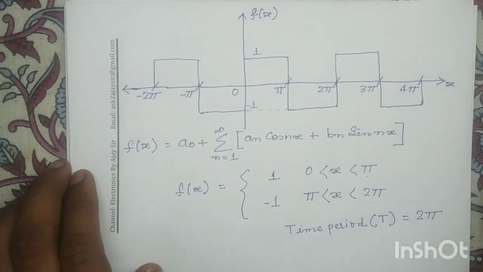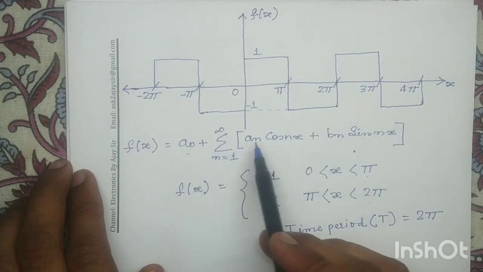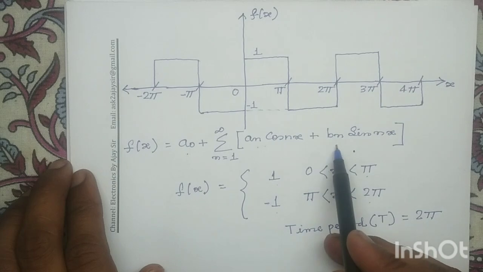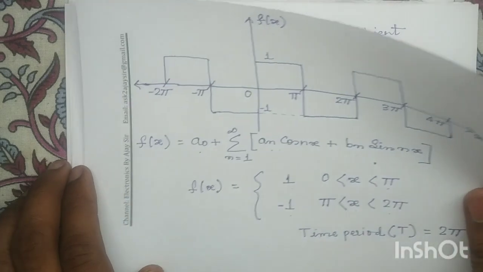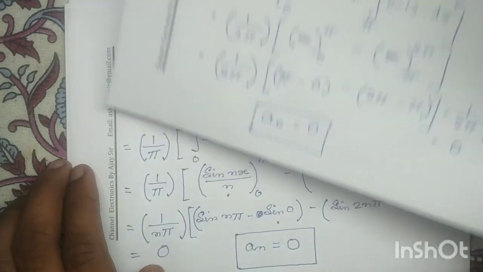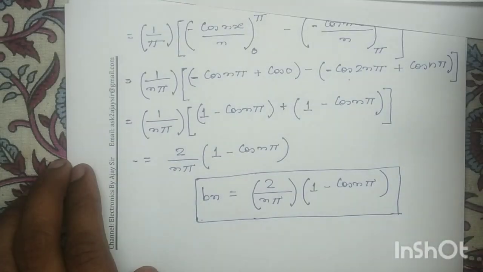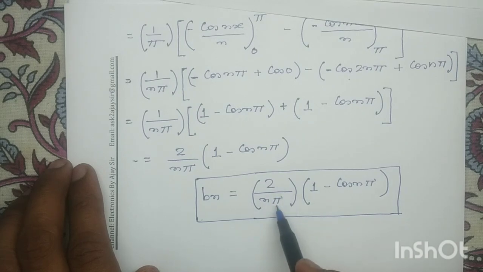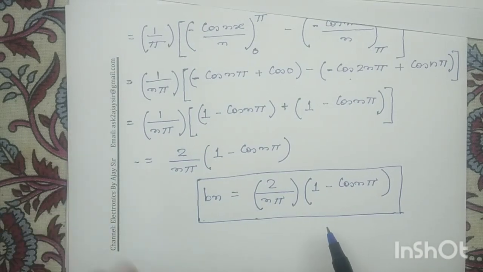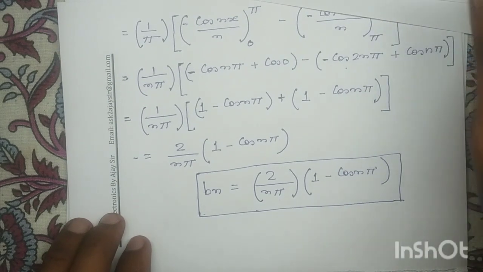So this is our earlier Fourier series equation, and in this equation we have to determine the values a0, an and bn. So we have obtained a0 is equal to 0, we have obtained an is equal to 0, and we have obtained the expression for b of n, it is equal to 2 by n pi, 1 minus cos n pi. So the expression of a0, an and bn we will substitute in our Fourier series equation.